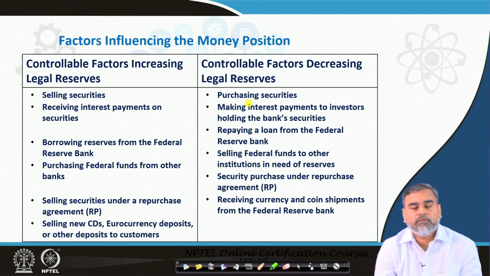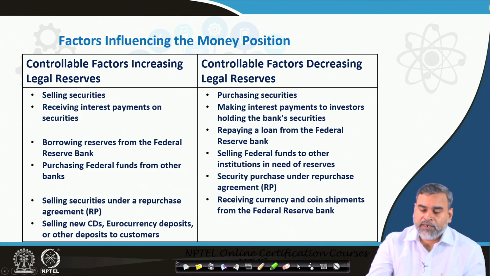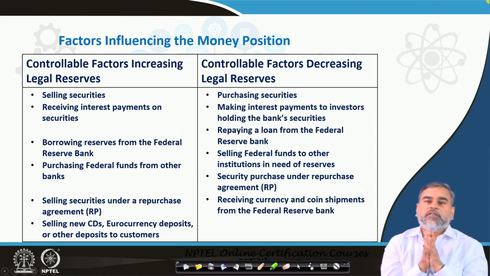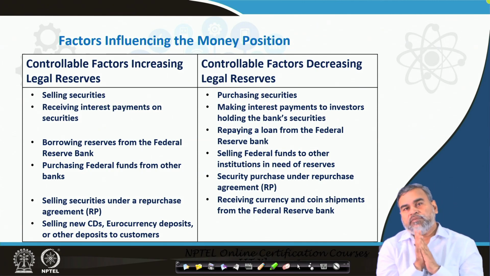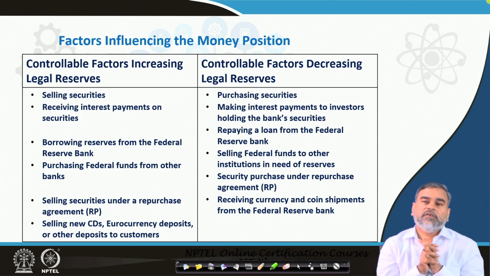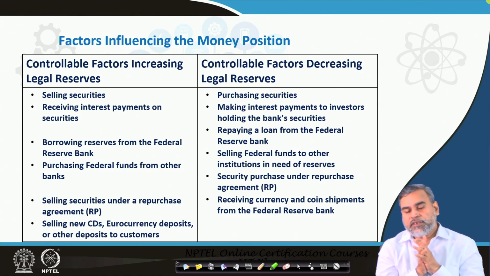Then borrowings from the central bank, and purchasing funds, government funds, from other banks, because there is an interbank lending market, and the banks are basically primary dealers who trade among themselves for a variety of reasons. So, one bank has some surplus money, another bank has a deficit.